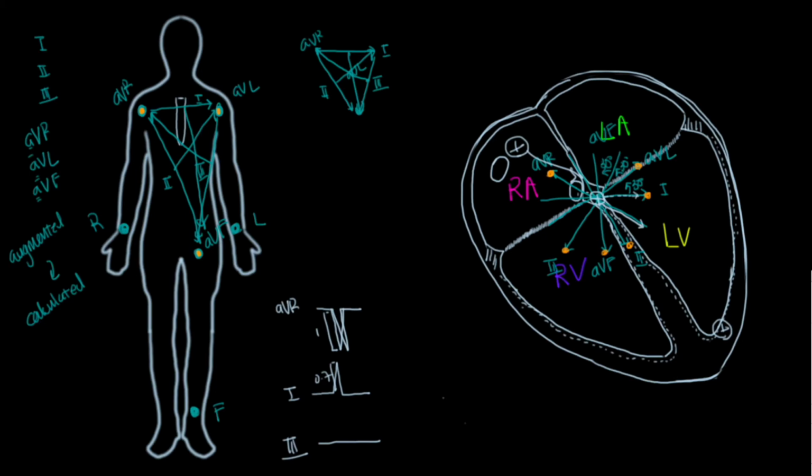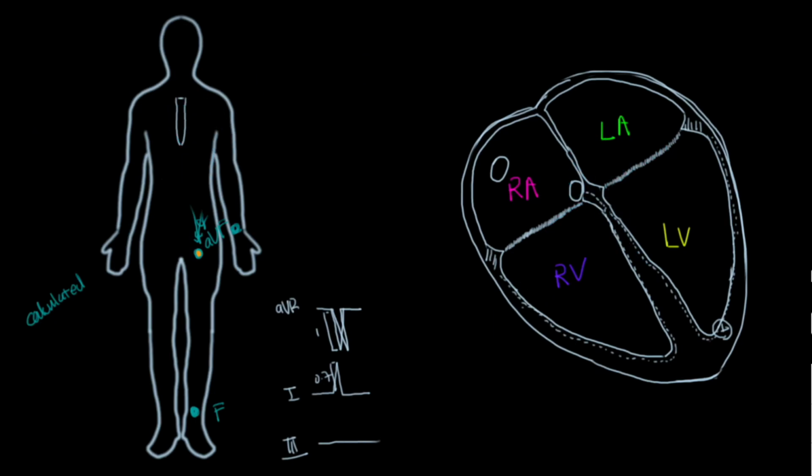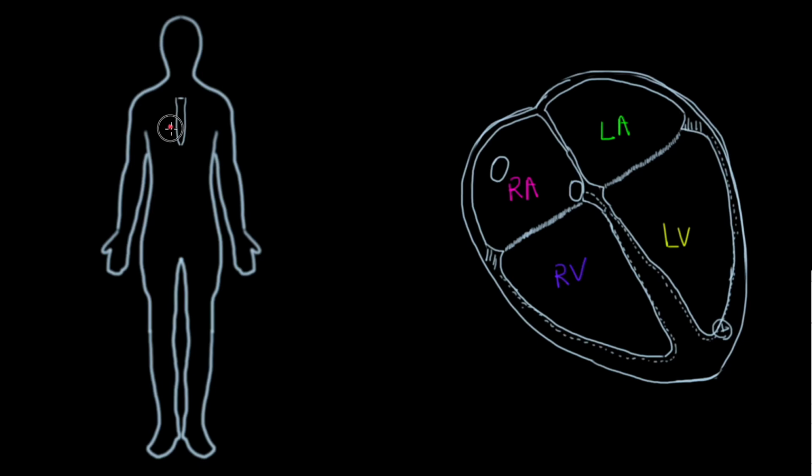Now, there were a couple of other leads that we had drawn out before. I'm going to quickly erase all of this. The other leads were the precordial leads. So the other leads that we stick on people are kind of here. This is the sternum, right over here, on the right side of the sternum.